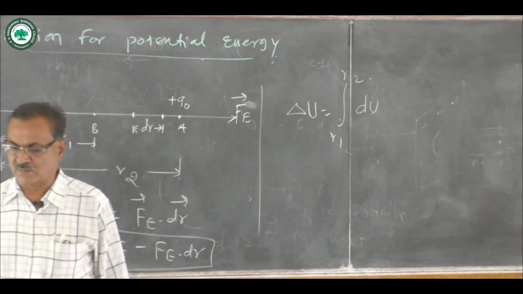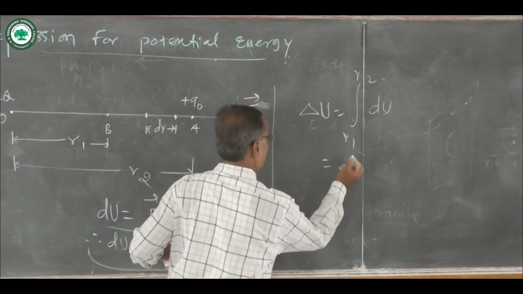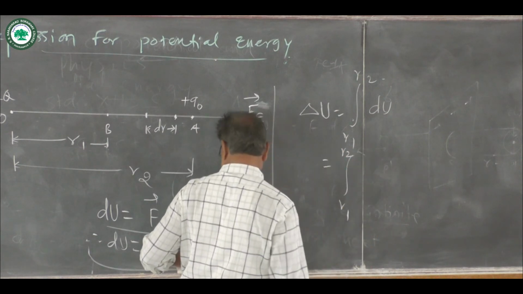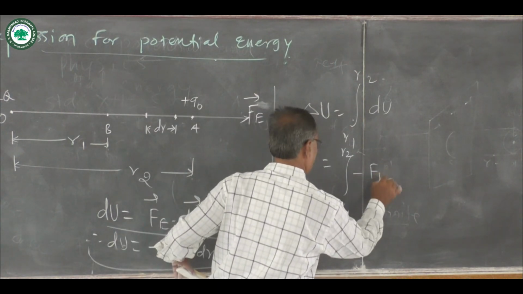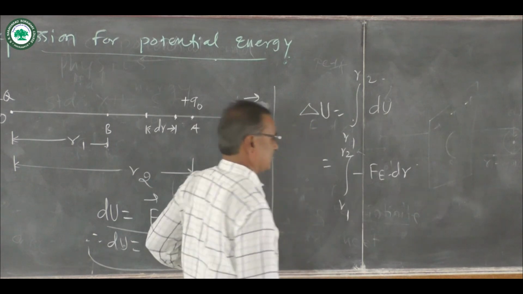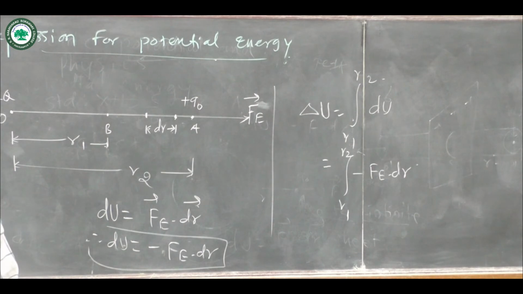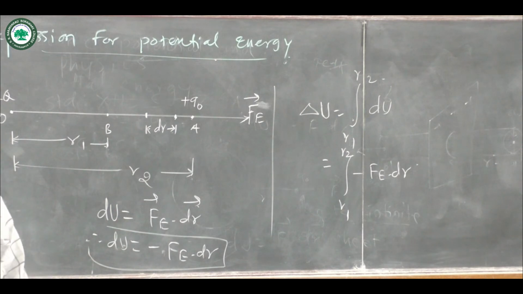Delta U, integration of dU limits R1 to R2, is equal to, substitute here, minus Fe into dr, where F is a force, that is electrostatic force by Coulomb's law between two charges, charge Q and Q0. Suppose distance is r, so by Coulomb's law we can write these expressions.